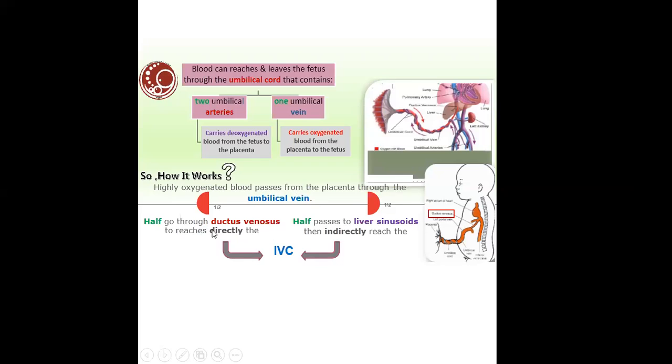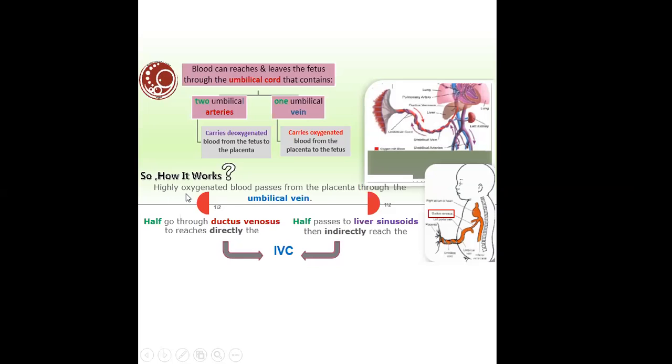As in the previous slide, you saw that the umbilical vein divided into two. One is entering the liver and the other is directly opening into the inferior vena cava.